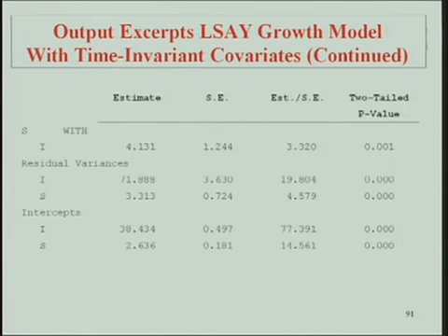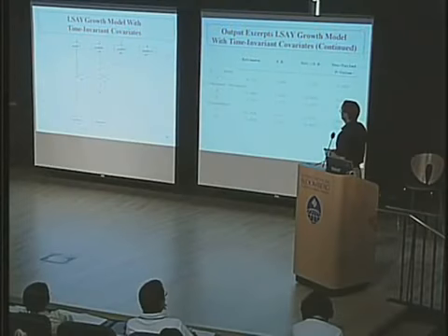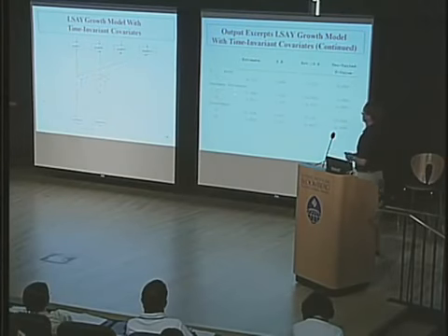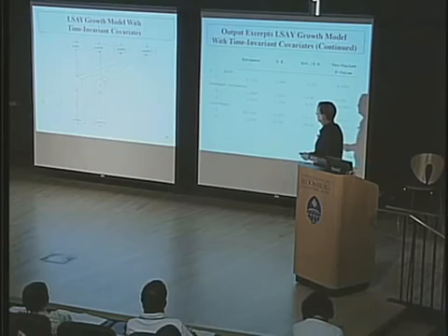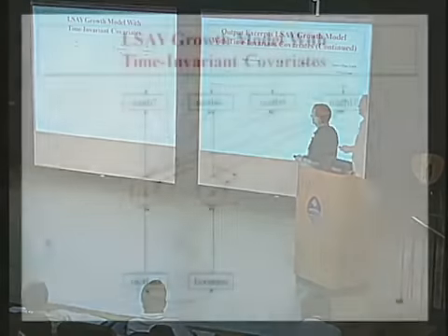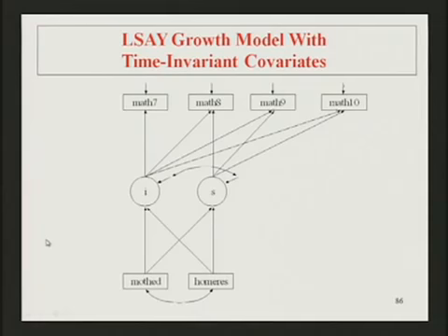You still have S with I and the variances for I and S, but now they are residual variances because they are dependent variables. We don't model the variances, but we model the residual variances. And we don't model the means of I and S, we model the intercepts.